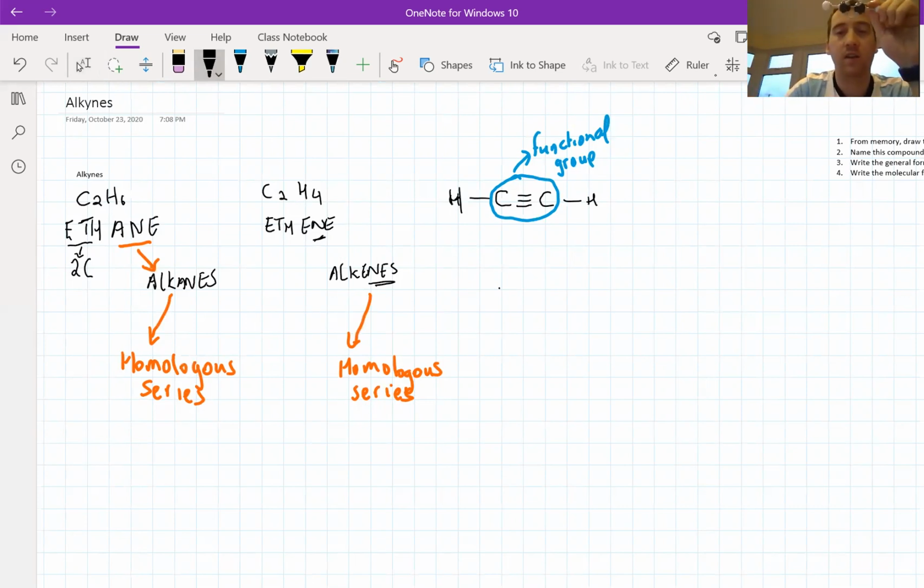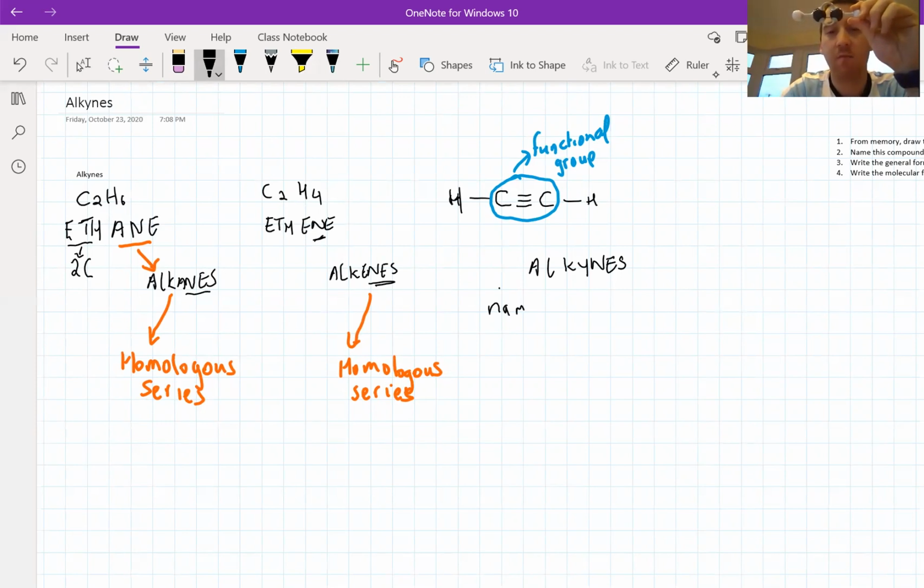Now, this homologous series belongs to the family alkynes. It's a third homologous series, the alkynes. The first thing we can say about it is the same as the alkanes and the alkenes. Whatever the name ends in, that will give you the suffix for the name of the compound.